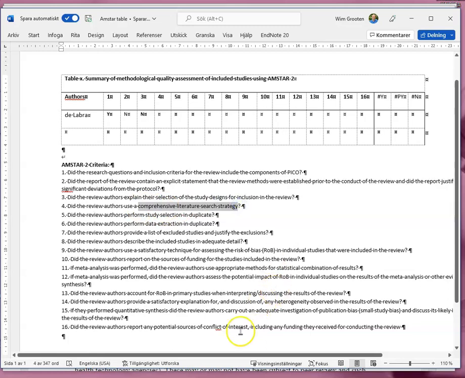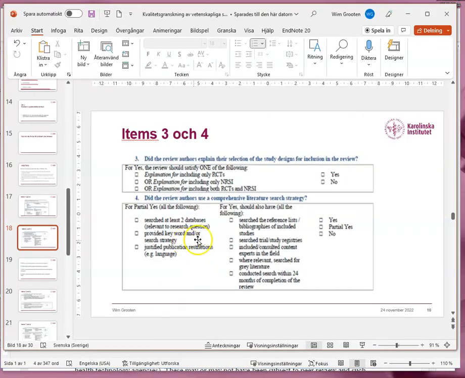Did the review authors use a comprehensive literature search? Okay, and what does it mean, a comprehensive? Let's go to the number 4. At least 2 databases, provided keywords and search strategy, justified publication restrictions, for example, language. Okay, but you have to justify it.